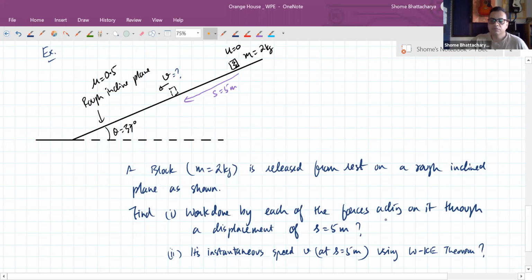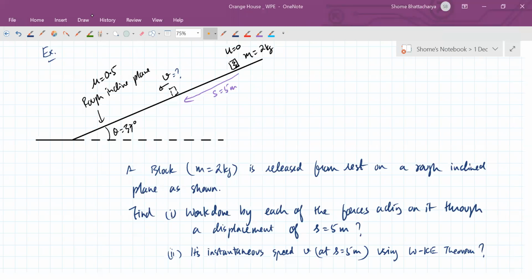So just take down the question. We'll discuss the application of it. Take down the question and make the free body diagram of the block to understand what all forces are acting on it. Then we'll come to the first part, the calculation of the work done by each of the forces.